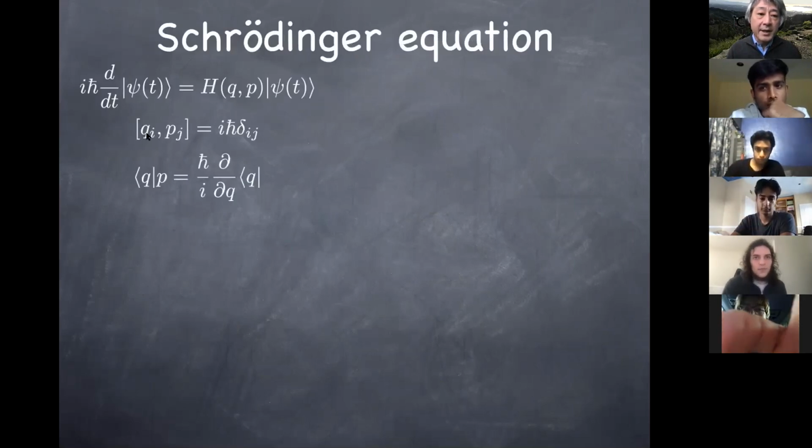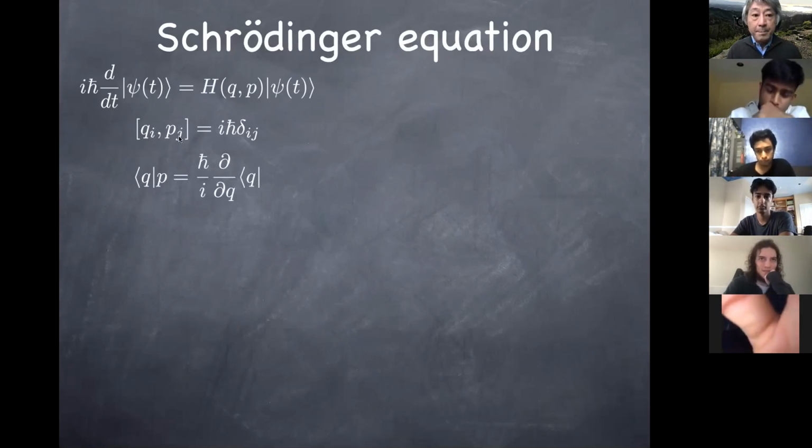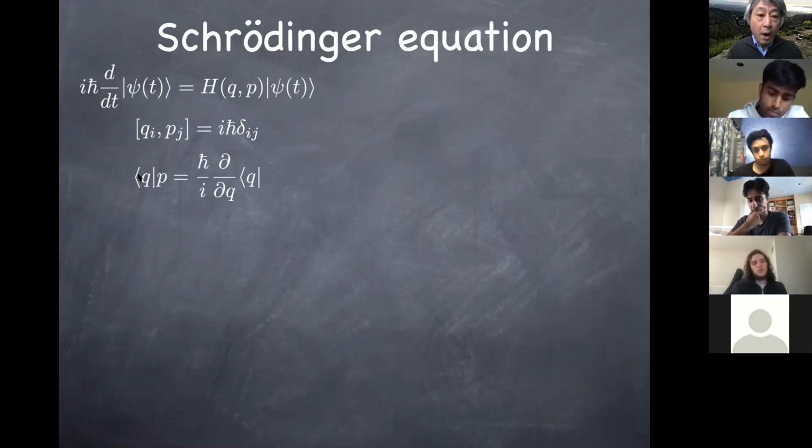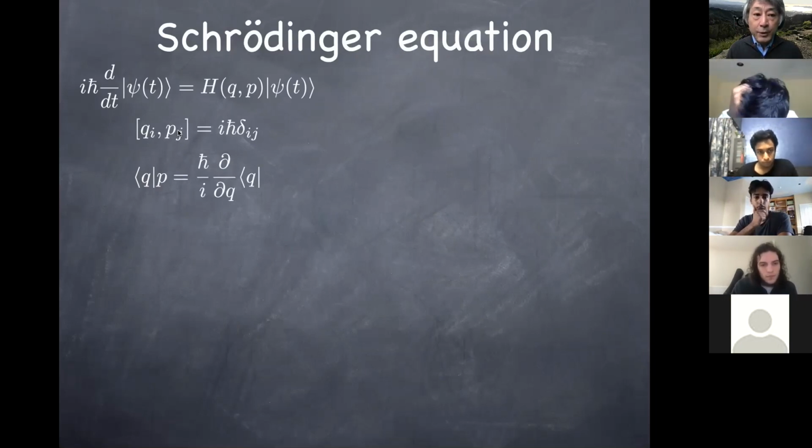The idea here is that the X operator and the P operator satisfy this canonical commutation relation, and this Q bra is an eigenstate of the Q operator. So if you use this canonical commutation relation right next to this bra, when you have QP, the Q operator turns into the number Q, and you have the P operator acting on it.